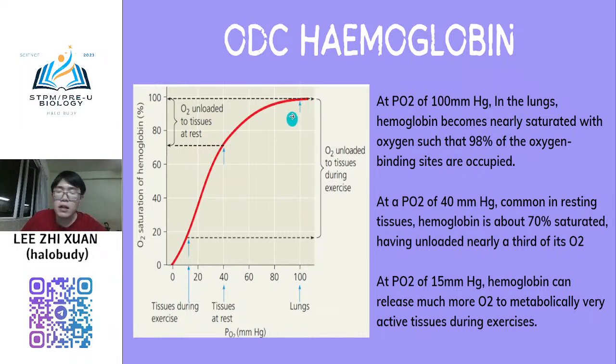And when the partial pressure is about 40 mmHg, normally it is at the resting tissue stage. From partial pressure 40 to 100, this point is the person at rest. We are resting, not doing any exercise. Like now, you are reading a book, watching television, playing games, all of this you feel relaxed, not doing anything.